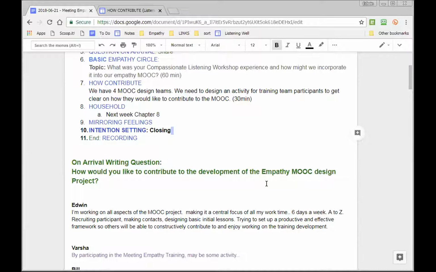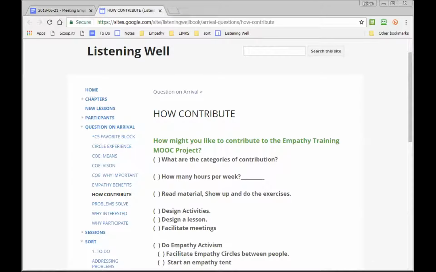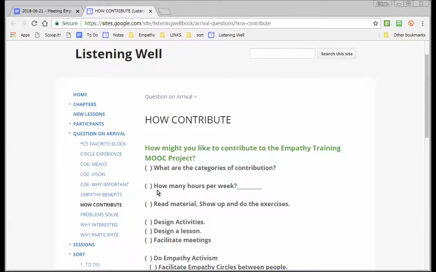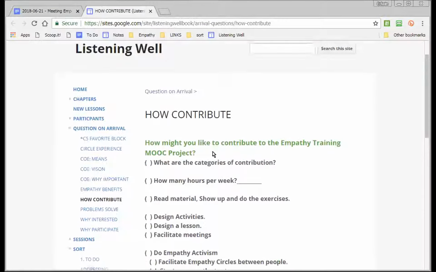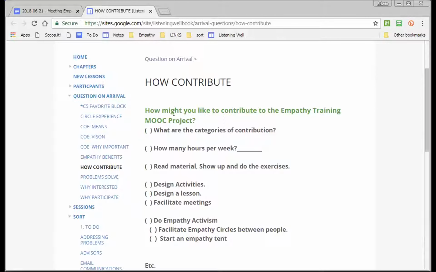So, as I mentioned before, we've just been doing the workshops. We have 4 teams now, and it's about how to find where everyone is in terms of their engagement level. How would they like to contribute to it? So I created a how to contribute activity here, which has some headings.